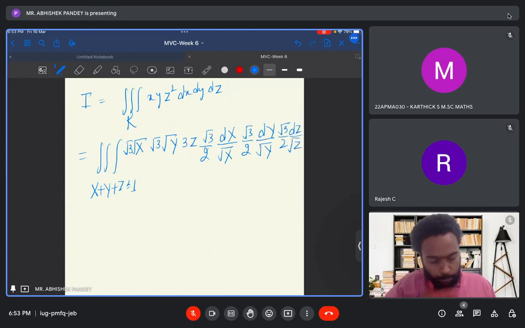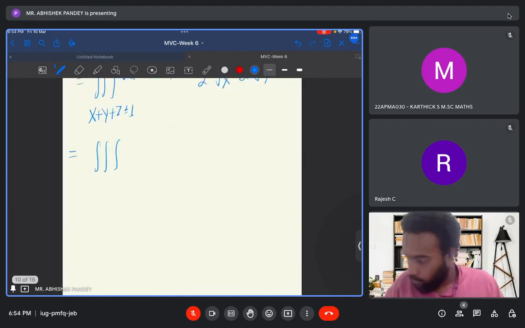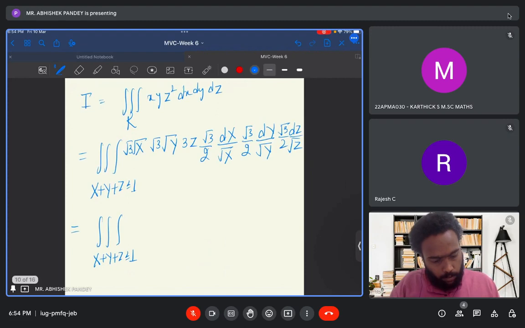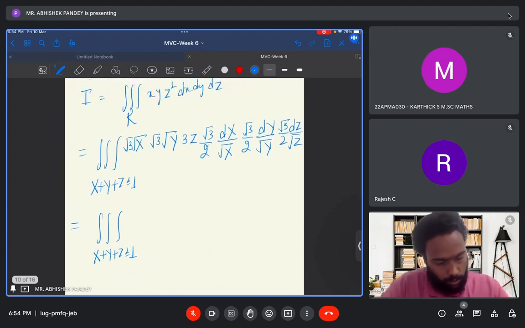Okay, so this thing will become, so x plus y plus z is less than or equal to 1. This is nothing but now 3, this will get cancelled.